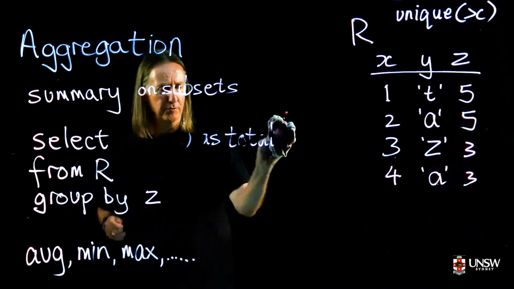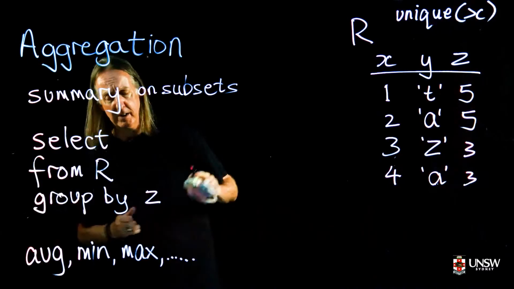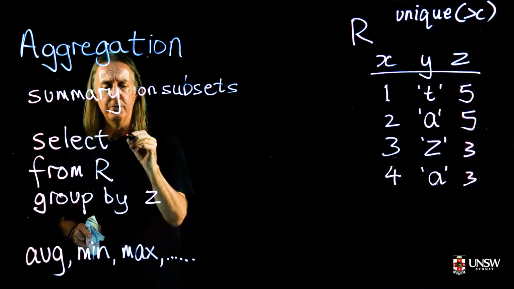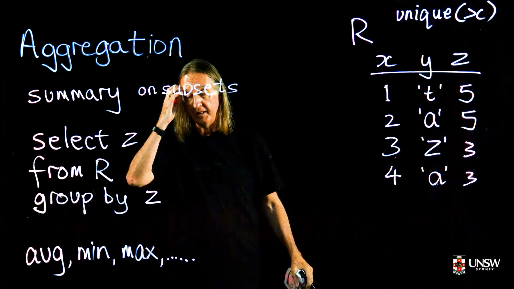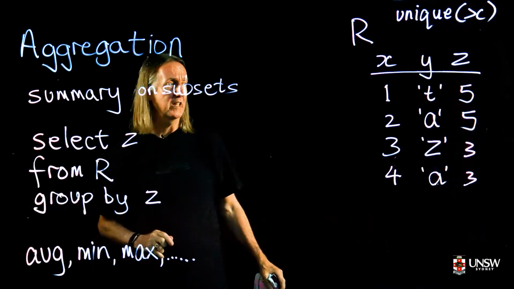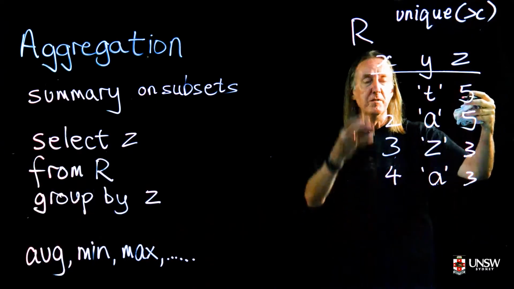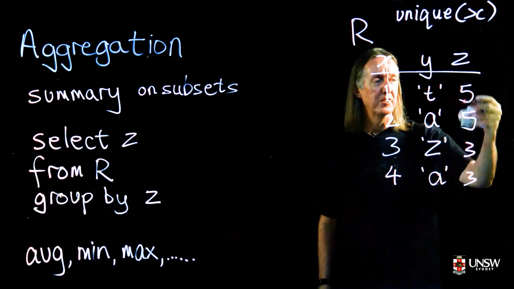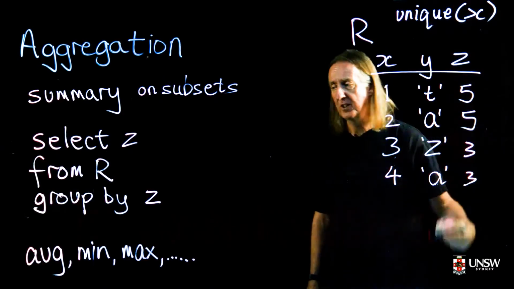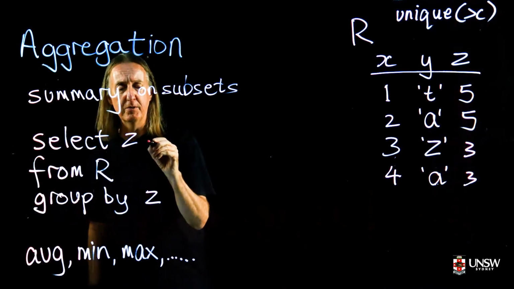So remember, when using group by, you always have to include the grouping attribute in your selection, and that kind of makes sense because we want to know which subset we're summarising. So the way we identify the subsets is by the value of the Z attribute. So we need to include that.